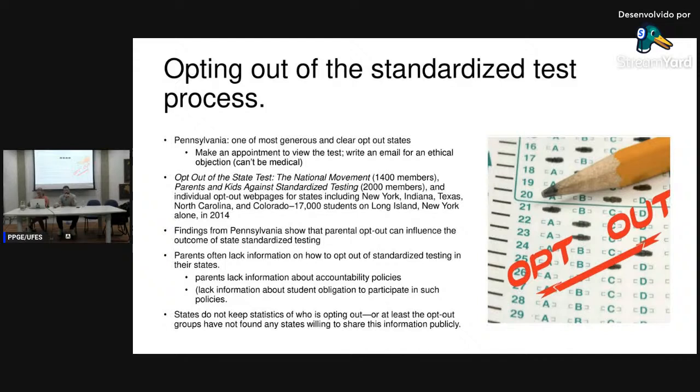Eles se organizam em websites, em grupos para poder fazer isso. E porque as escolas são proibidas pela lei de encorajarem essa saída, né? Então, os pais chegar à escola para falar sobre isso, eles não vão ter uma resposta. Então, eles têm que se organizar entre si.